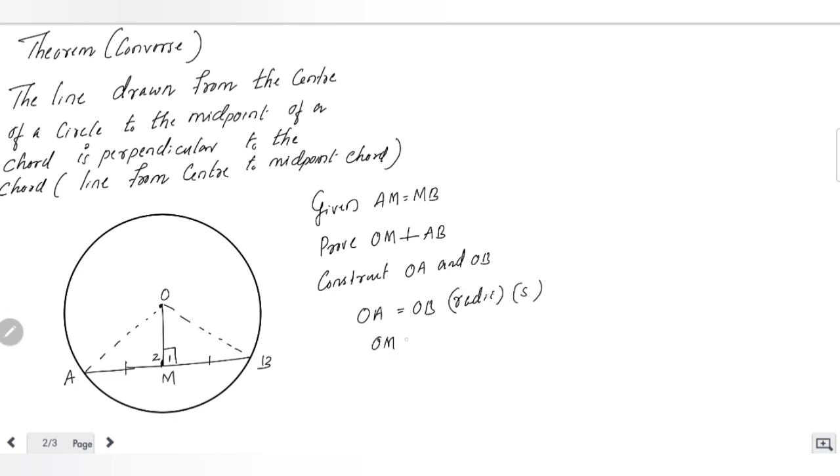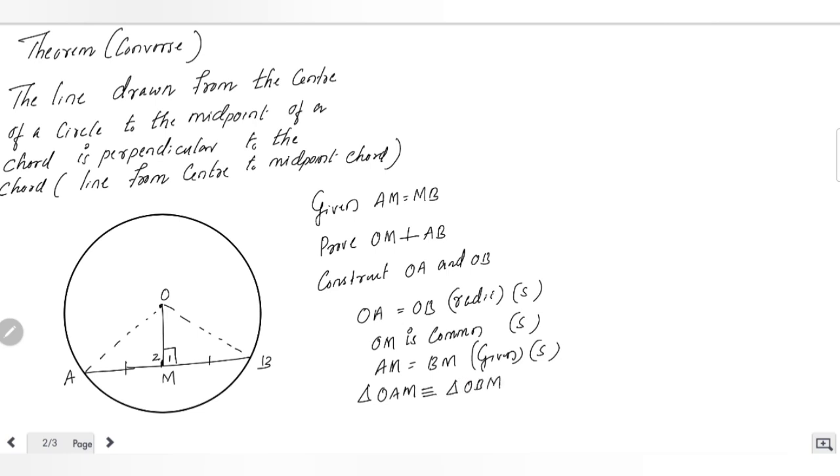Then OM is common, so another pair of sides. Then AM is equal to BM, that is also given. So next pair. So we are using SSS to show that these two triangles are congruent. So triangle OAM is congruent to triangle OBM.